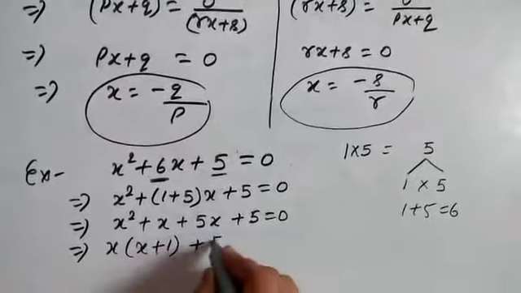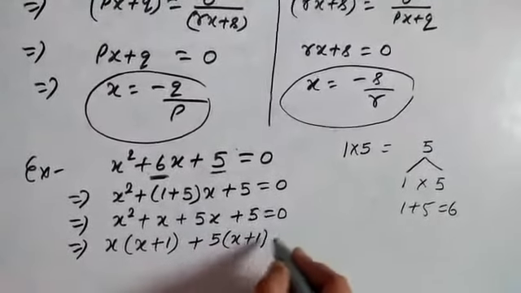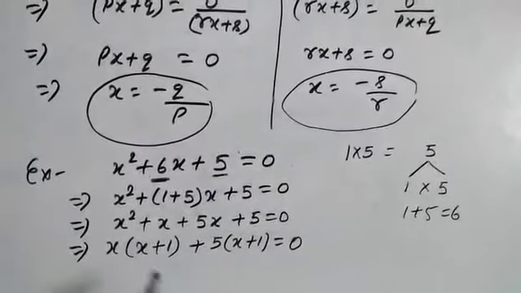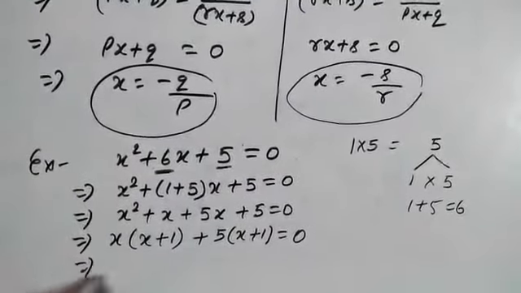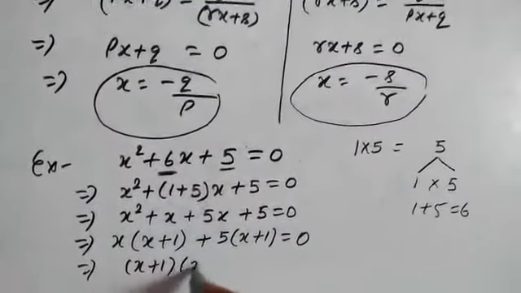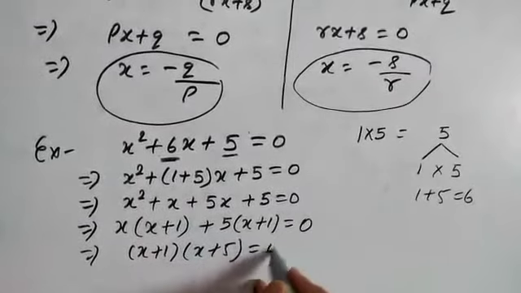Taking 5 common from the last two, we get 5 into (x plus 1). Now we can take x plus 1 common, and it will remain (x plus 1)(x plus 5) equals 0.